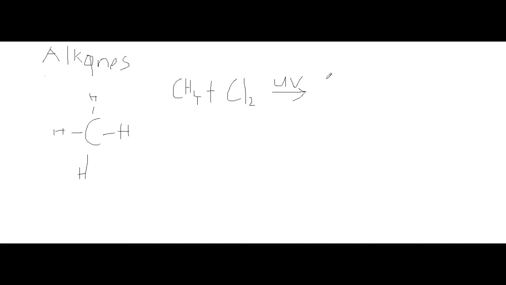What will come from this is we'll have CH3Cl. In other words, one of the hydrogens will be replaced by a chlorine atom, and so we'll end up with H2 gas here. Now, of course, this isn't balanced, but you get the idea.